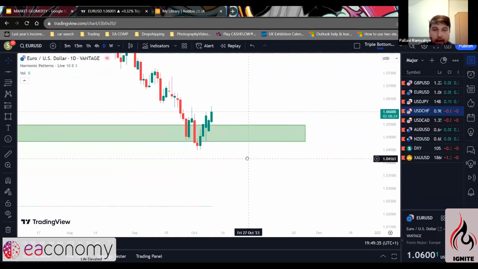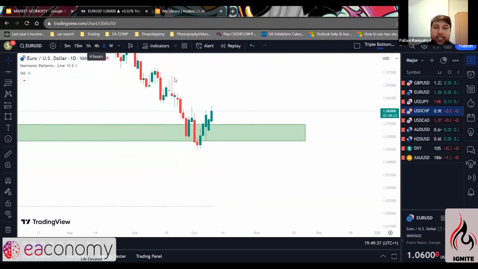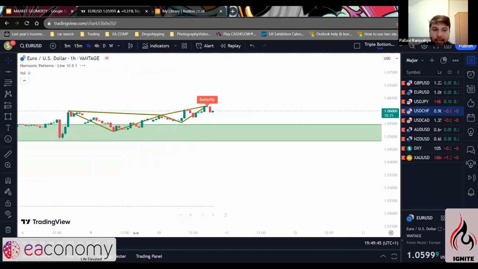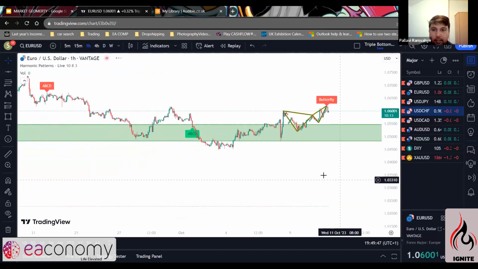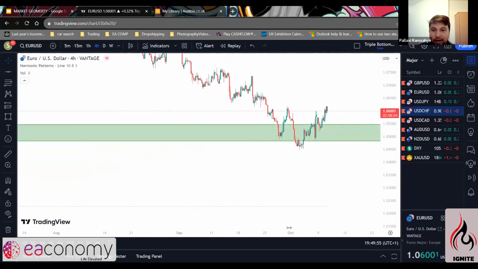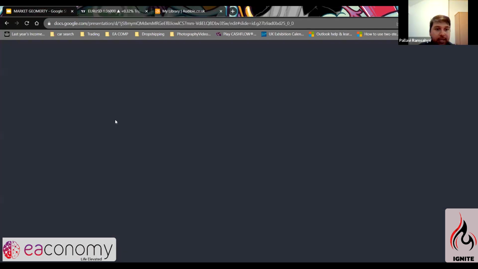So now, what particular patterns am I looking for to take this in the opposite direction? I'm looking for a reversal pattern, right? It could be on any time frame. You've got a butterfly pattern here, which shows a bearish movement, but my example still stands.